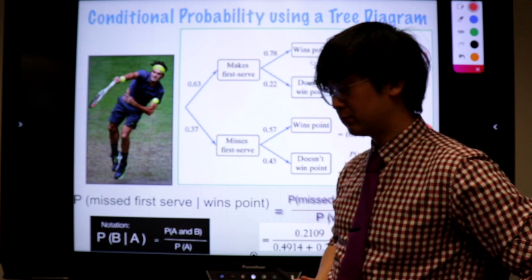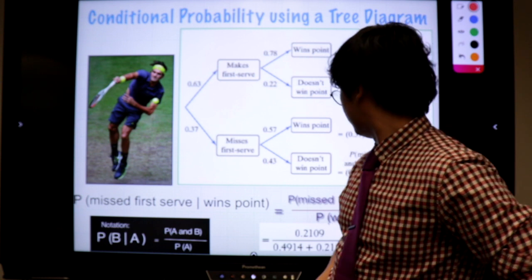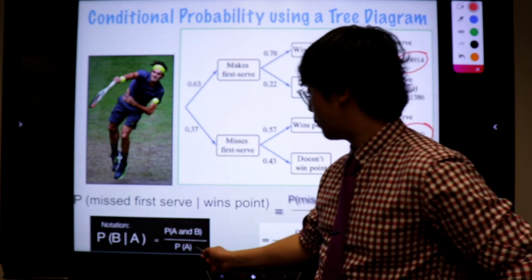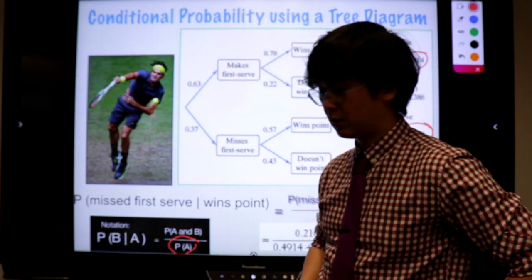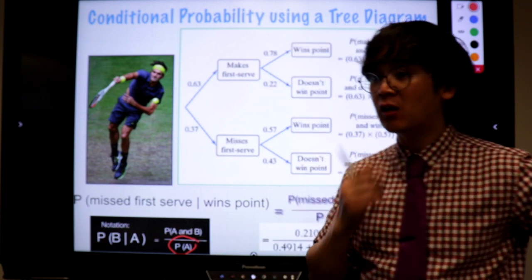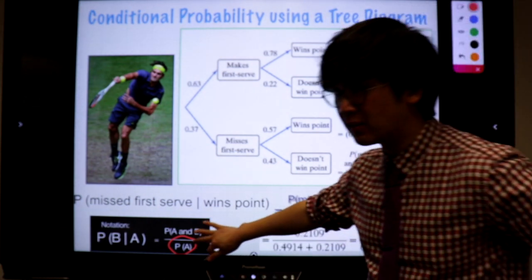Wouldn't it be P of A all over P of A? No, because the probability of A is winning, and this one is winning and not making it on the first serve. Got it? That's why it's the intersection. The formula makes sense, right?